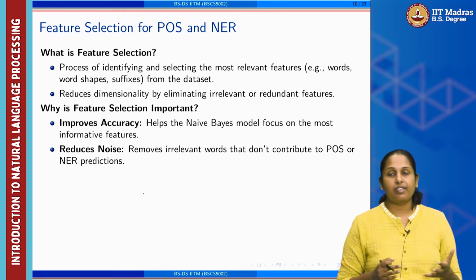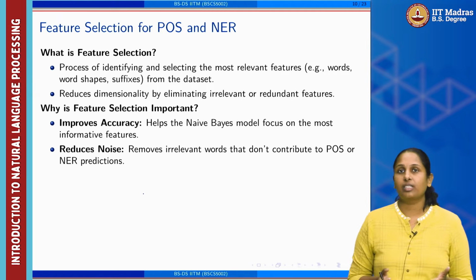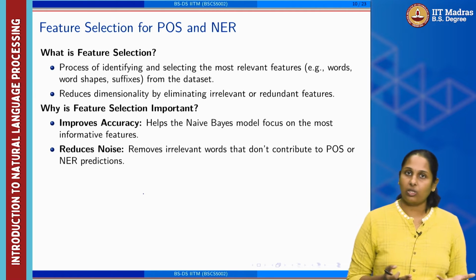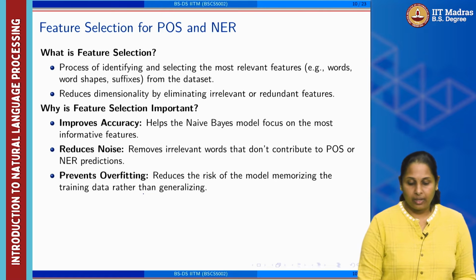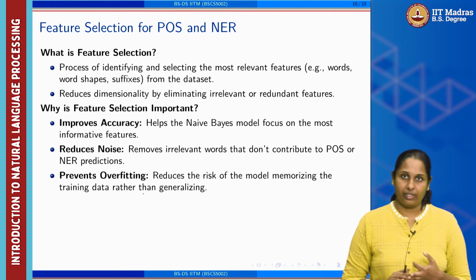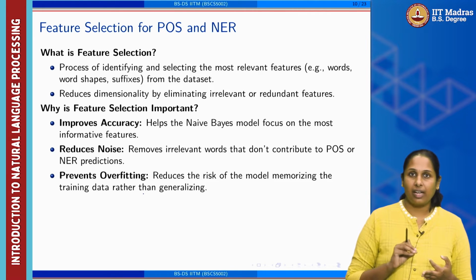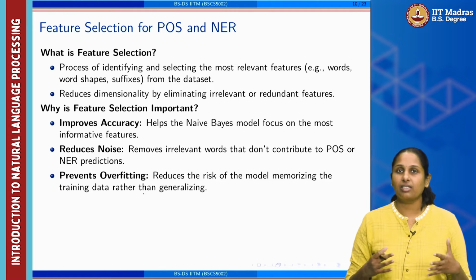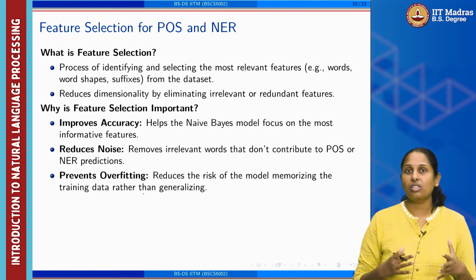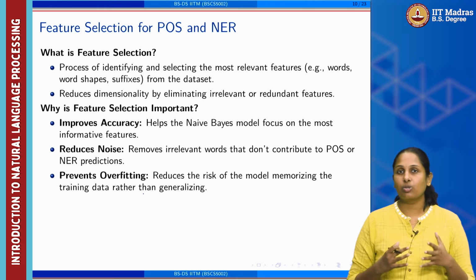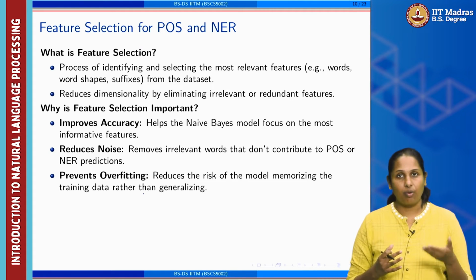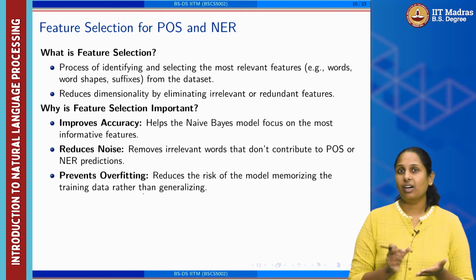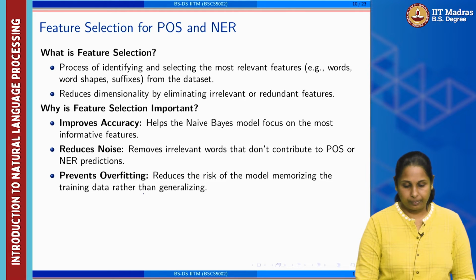For example, some irrelevant words in the context do not contribute to POS and NER prediction, right? And it also prevents overfitting, because it is difficult for the model to memorize and generalize everything. Instead, feature selection lets us focus on what kinds of features need attention, so that a particular word will be identified with the tag.